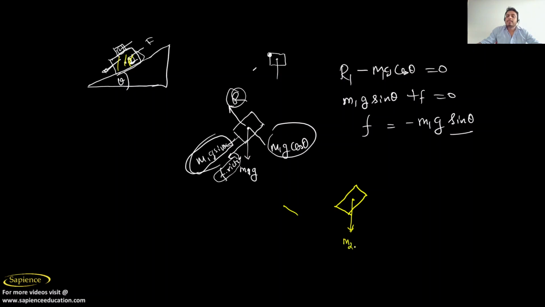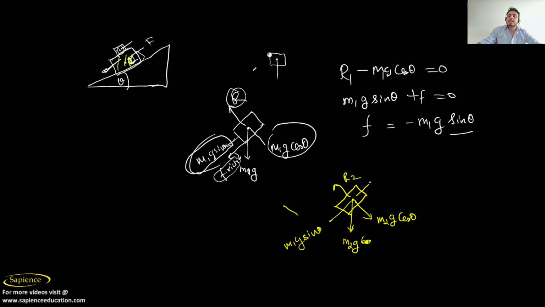Definitely m2g. If you split it into two components, it will be m2g cos theta and m2g sin theta. And there will be a reaction force in this direction, which we call R2.